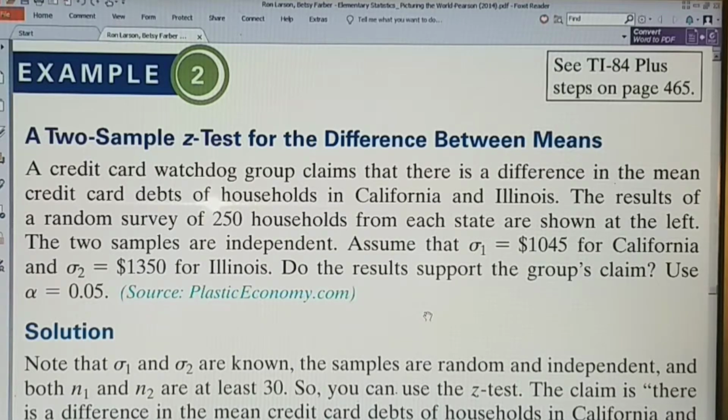The two samples are independent. Assume that sigma sub 1 is equal to $1,045 for California and sigma sub 2 is equal to $1,350 for Illinois. Do the results support the group's claim? Use alpha equal to 0.05.